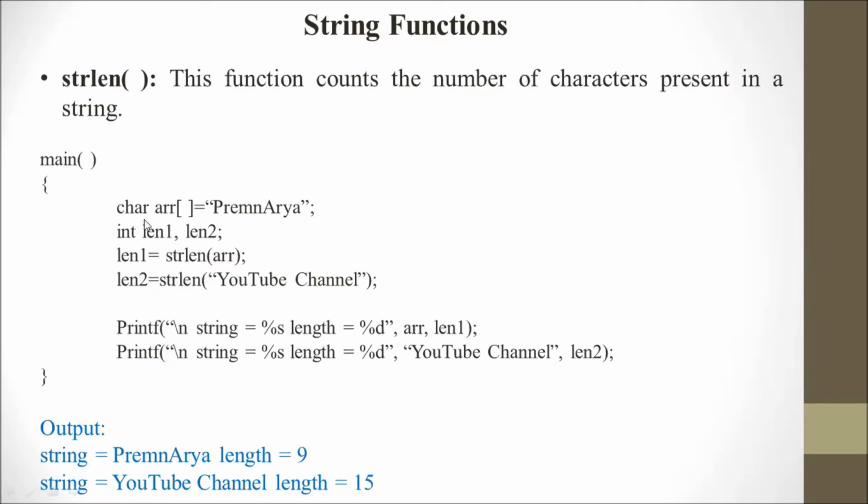Suppose we use a character array. So this is the array, and we assign the strings Prem and Arya, and take two integer variables len1 and len2 to store the length of the two strings. len1 is equal to string length, so we store the string length in the len1 variable, and len2 stores the second length.